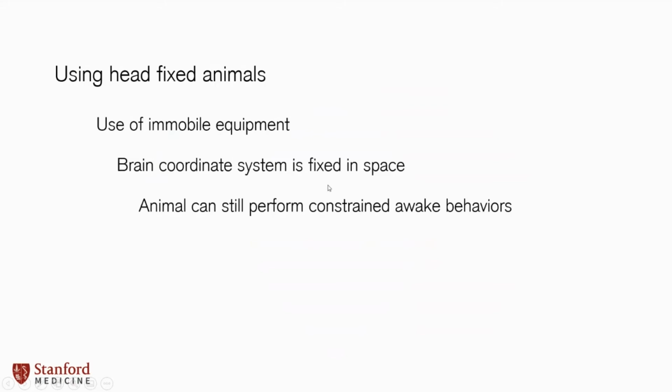So head fixed, and I'll show you a little bit about how it's done, but that's really when you're cementing, using dental cement to fix the animal's skull in place. And that allows you to use immobile equipment, such as imaging or sensitive electronics. It allows you to also keep your brain coordinate system fixed in space. And often in these setups, the animals can still perform some awake behaviors, although they are constrained.